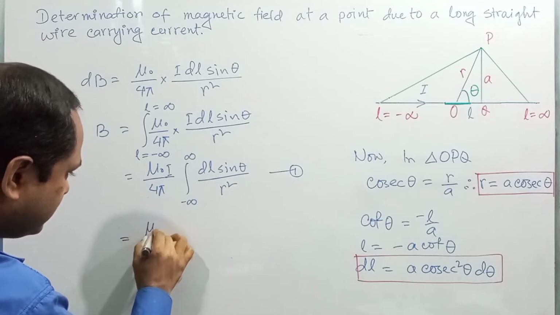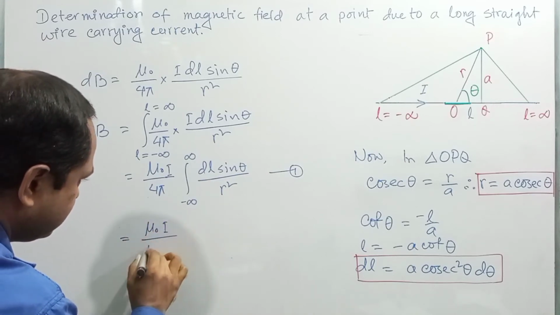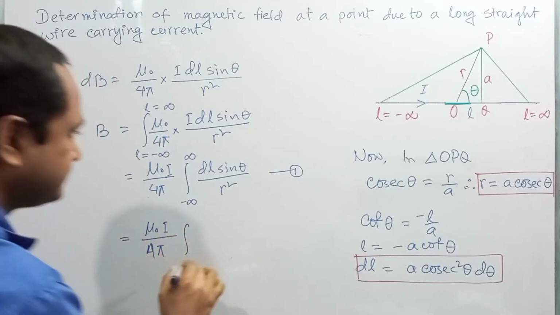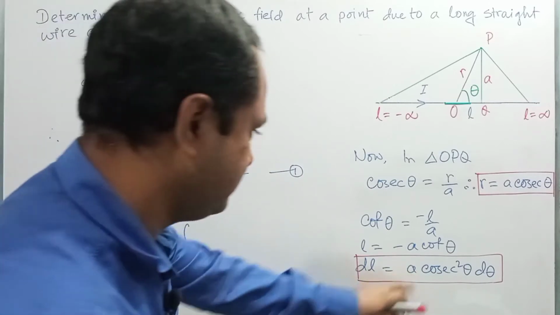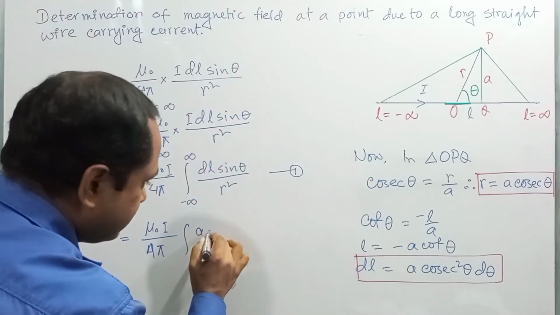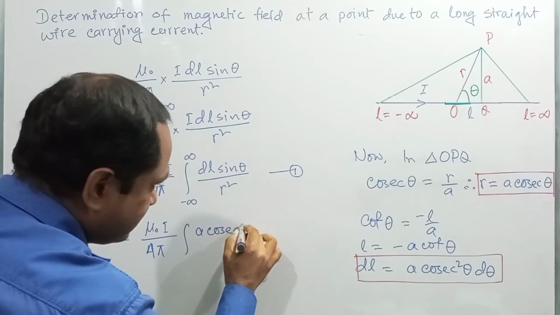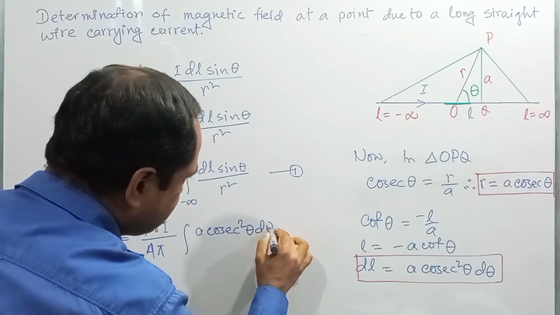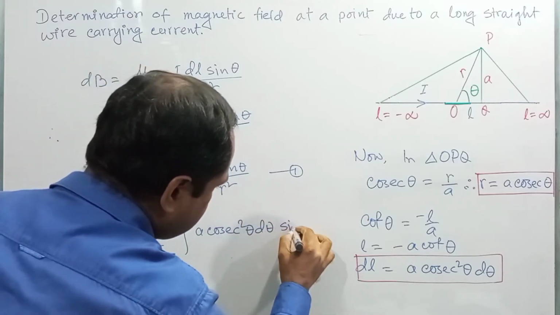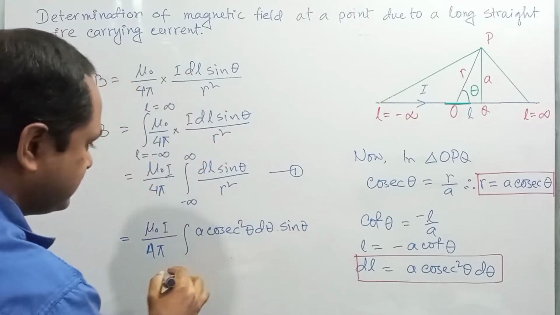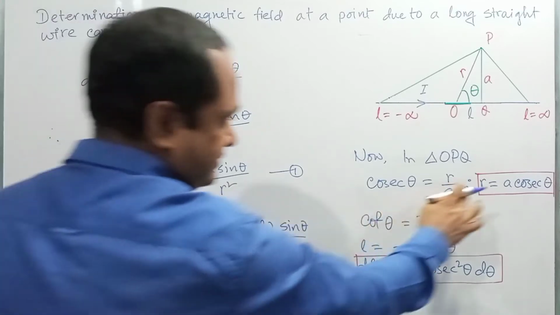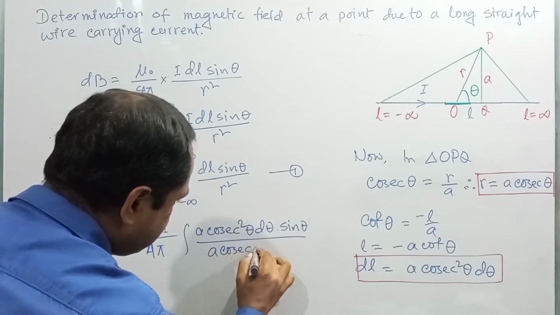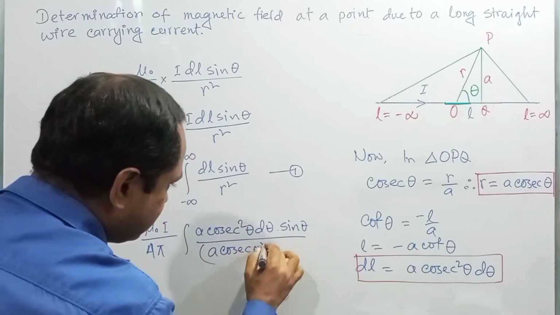We can write mu naught I divided by 4 pi into dl replaced by A cosec square theta d theta into sin theta, and r is A cosec theta, whole square.